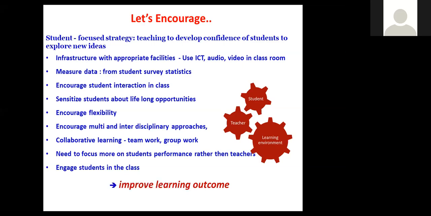This will ultimately improve the learning outcome. I'm telling you that learning outcome is important for a student's future. Please note down, learning outcome is not for NAAC, NBA or ABET or any accreditation. Learning outcome is required for a student's future.